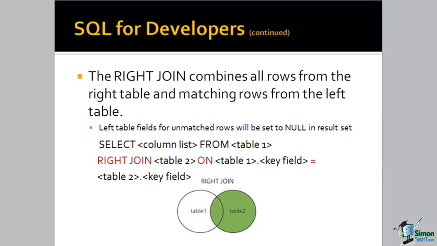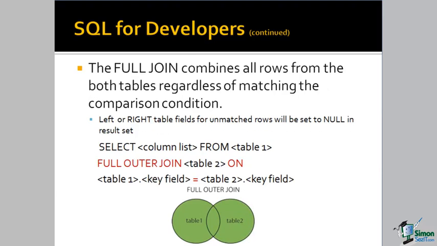Any unmatched rows in the right table will have the left table fields marked as null. The important thing to remember about a right join is that it will return all of the data from the right table and mark the unmatched fields from the left table with null.